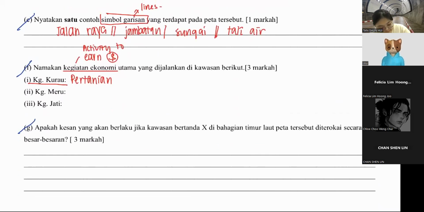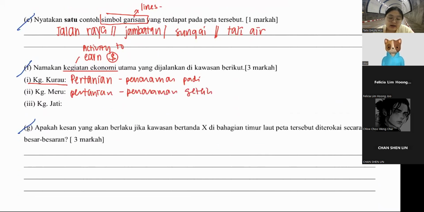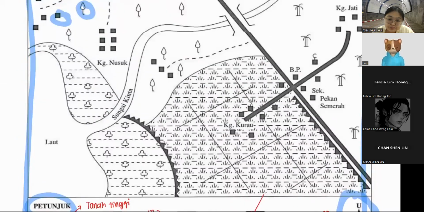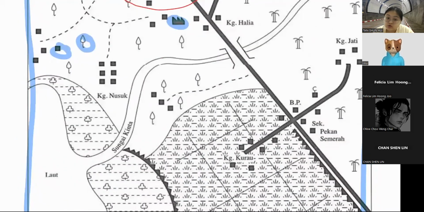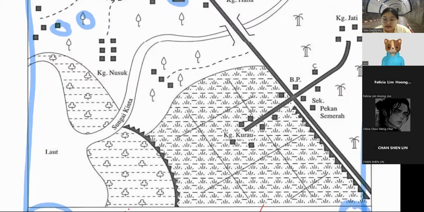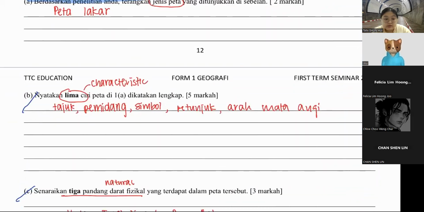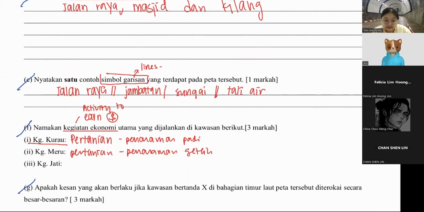Now, pertanian, penanaman. Let us go more detail. Penanaman padi. So same pertanian, but plant what? Getah. Penanaman getah. How about jati? Oh, jati is here. Jati also for plantations. And there is kelapa sawit. So you can say menanam kelapa sawit.